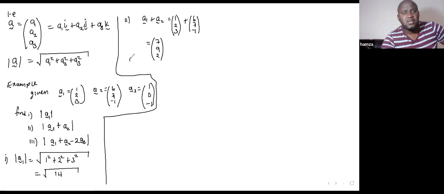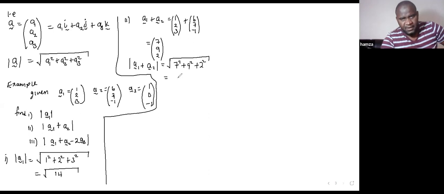So therefore, the magnitude of A1 plus the magnitude of A2 is going to be equal to the square root of 7 squared plus 9 squared plus 2 squared.